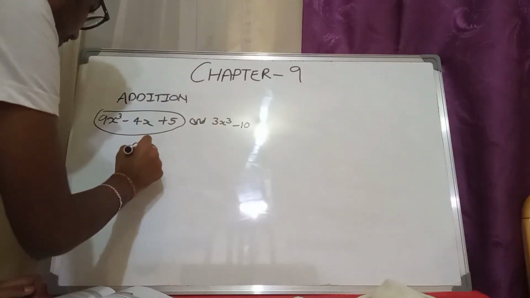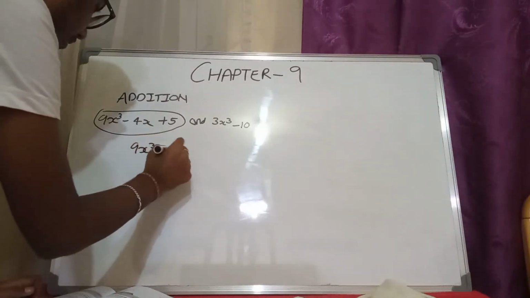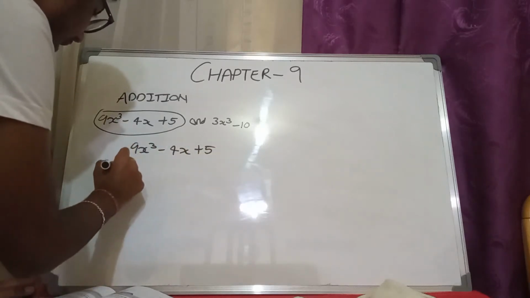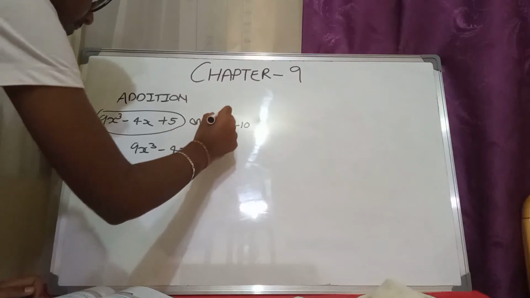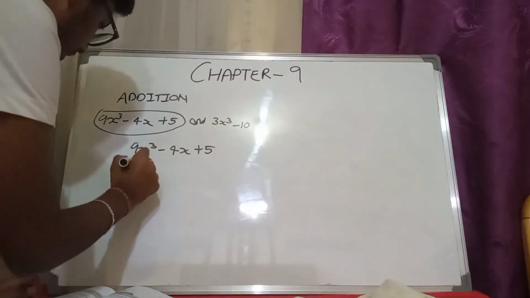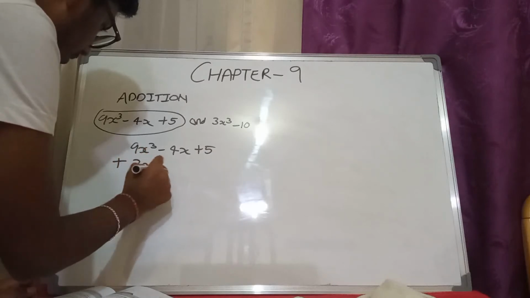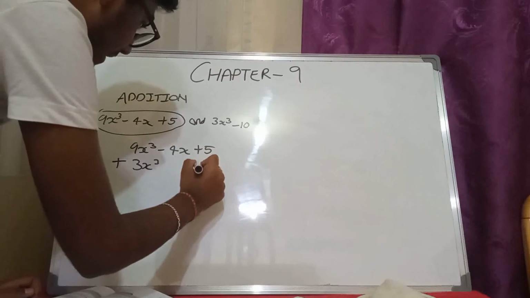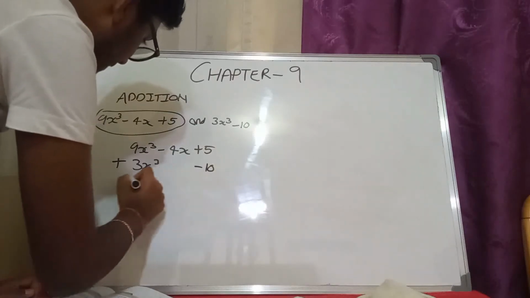So we will write it as 9x cubed minus 4x plus 5 as it is. Then we have to add it with, we'll find out the like terms. So 3x cube is the like term with 9x cube, so we'll write it as it is. Then minus 10. 10 and 5 are like terms, so we will write it as it is.